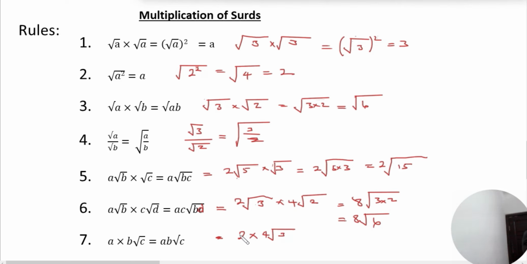We just take 2 and multiply by 4. 2 times 4 is 8, and this is now 8 root 3. So these are some of the rules you need to know in order to be able to solve questions relating to multiplication of surds. So make sure you go through this. Let's start solving questions to explain these rules.